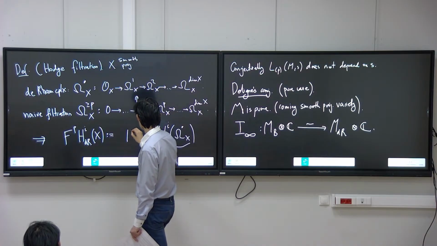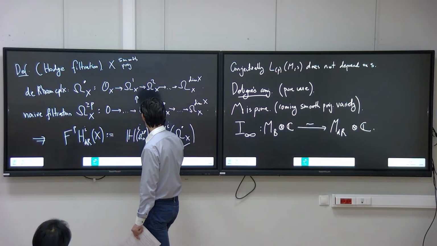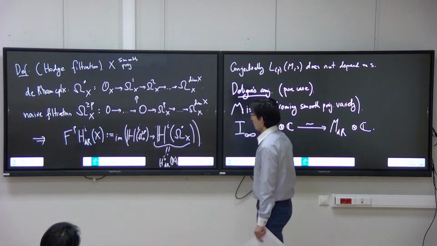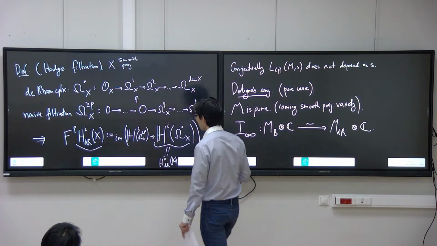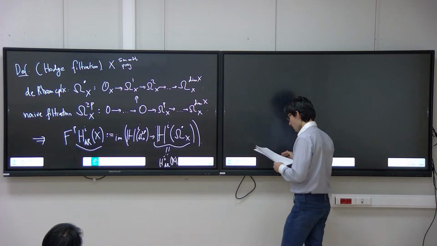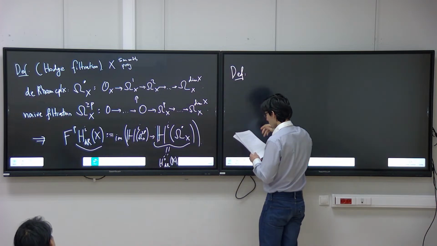So I get a map here of Omega filtered at X, and I take the image of this map. Okay, that's the Hodge filtration on de Rham cohomology. In this case, it's not clear what's going on, but one more definition and then we can state the criterion and I'll give some intuition.